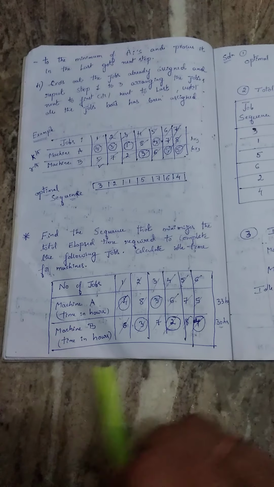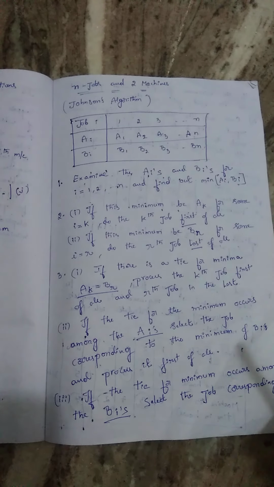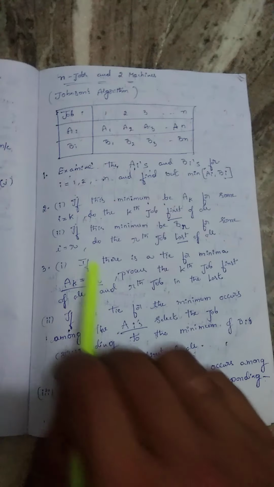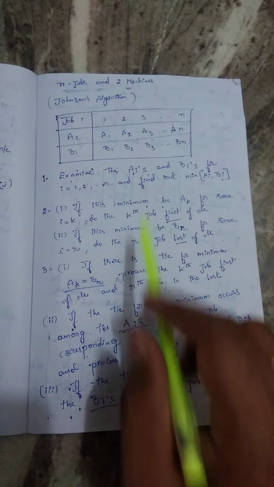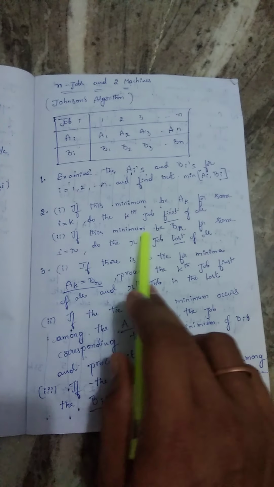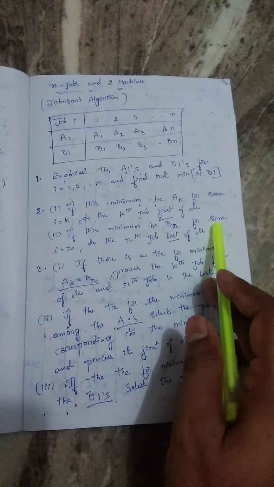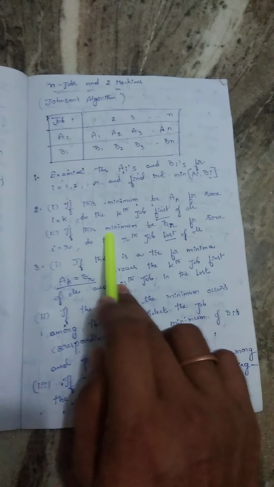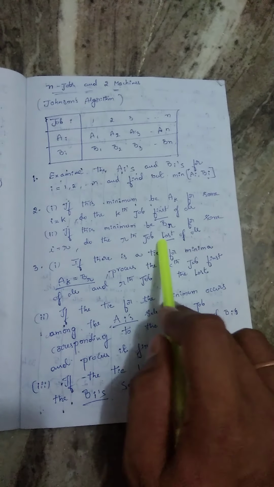As we already studied in the previous video on the Johnson algorithm, the following conditions are applied. If the minimum is Br for some i equal to r, do the rth job last of all.